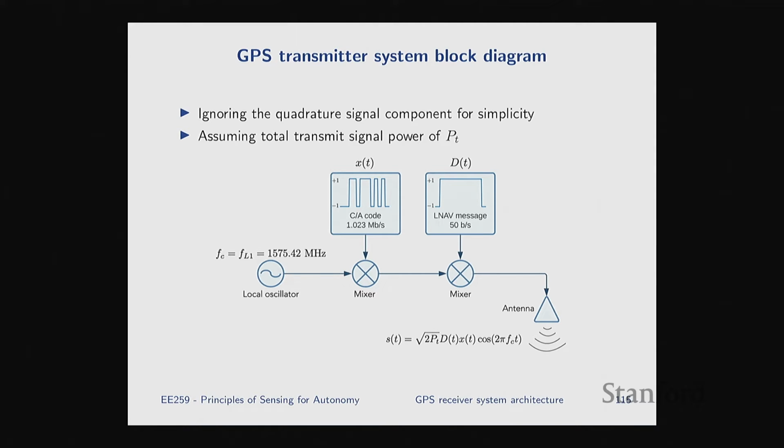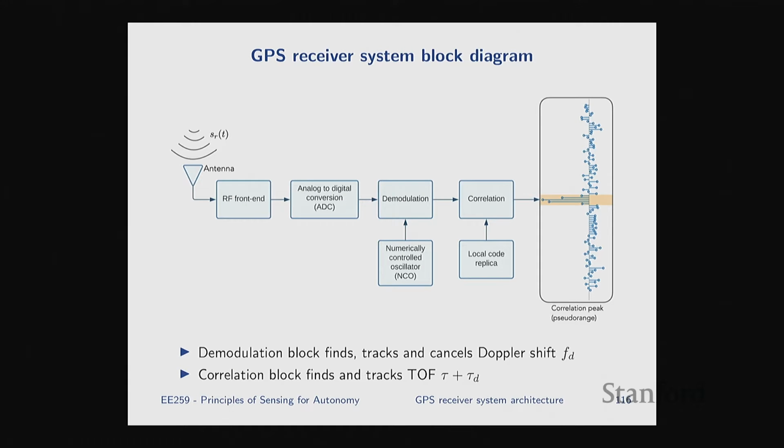We're going to spend a lot more time on the receiver system architecture. So this is what it looks like. This is kind of like a system block diagram of what a GPS receiver is. It, of course, has an antenna. It's going to receive a signal called s_R(t). And then from a high-level functional point of view, these are the main blocks in the receiver.